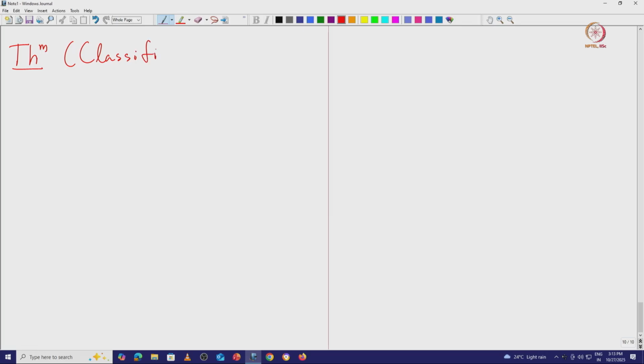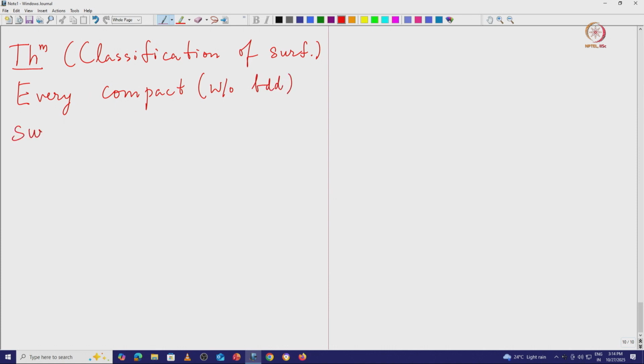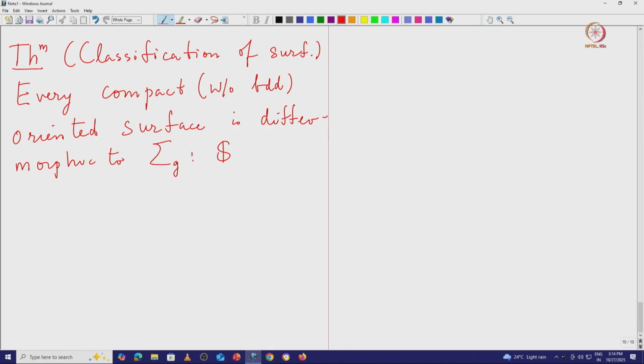This is a very classical theorem in differential topology, that every compact without boundary oriented surface is diffeomorphic to sigma g, where sigma g is basically just the usual sphere with g handles.